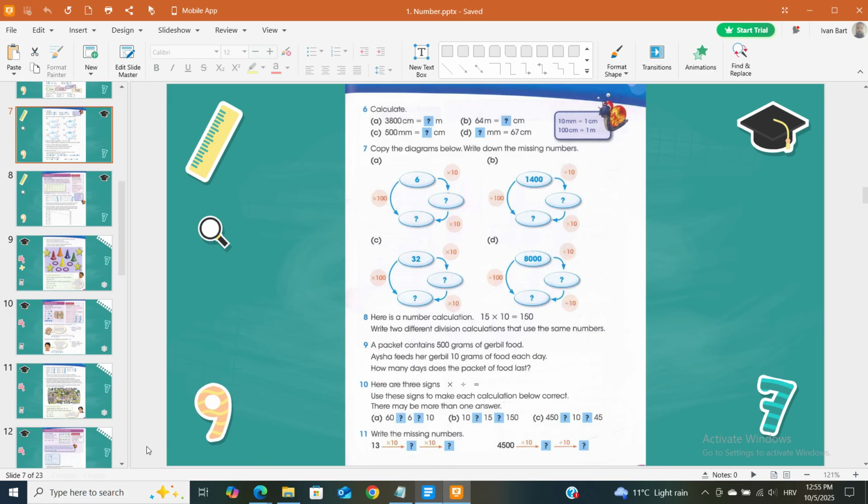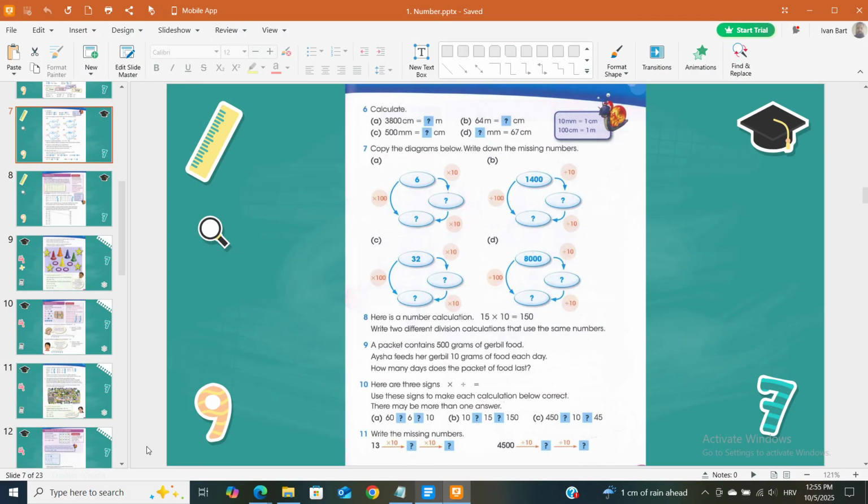7. Copy the diagrams below. Write down the missing numbers. (A) times 100. (C) times 100. (B) times 10, plus 10, 6, 1400, ? plus 100, ? times 10, plus 10.